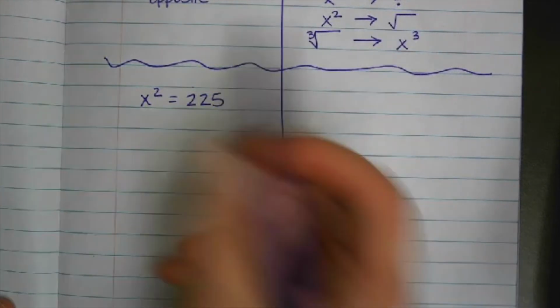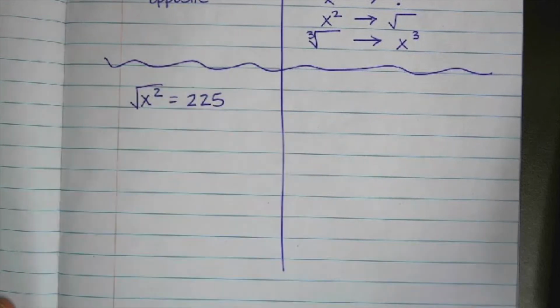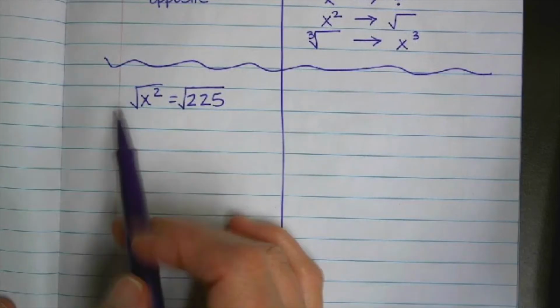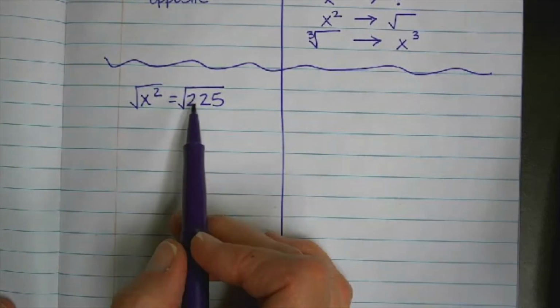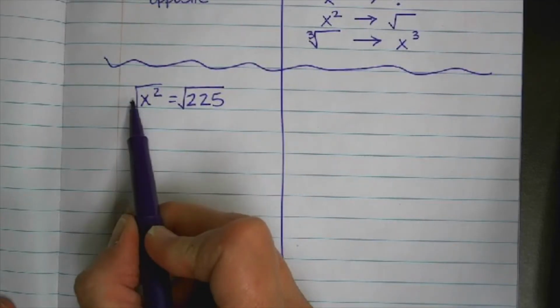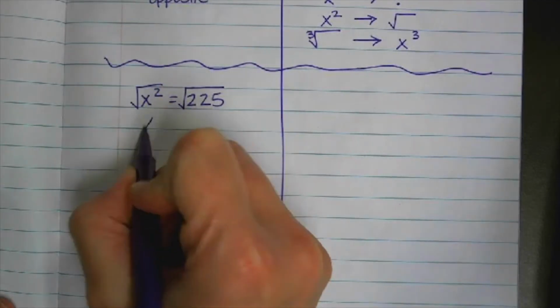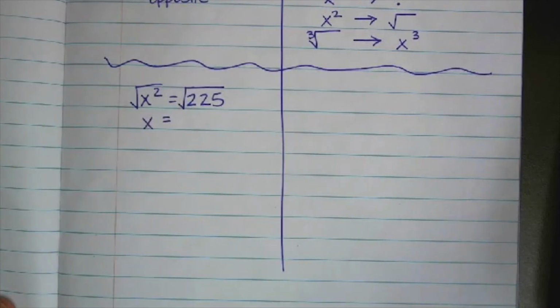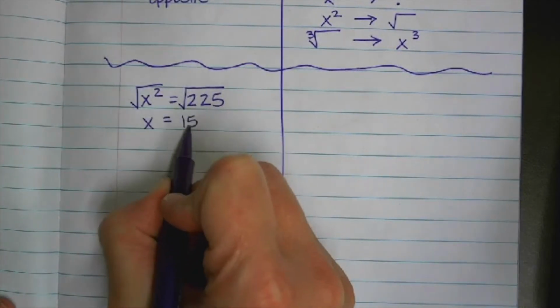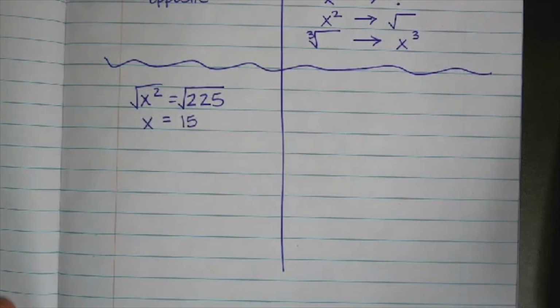Instead of squaring, I'm now going to square root, because our goal is still the same. We want to get x by itself. So I'm going to square root one side, and if I do that to one side, I'm also going to do that to the other side. Since squaring and square rooting undo each other, that leaves me with just x. So the square root of 225 is 15.